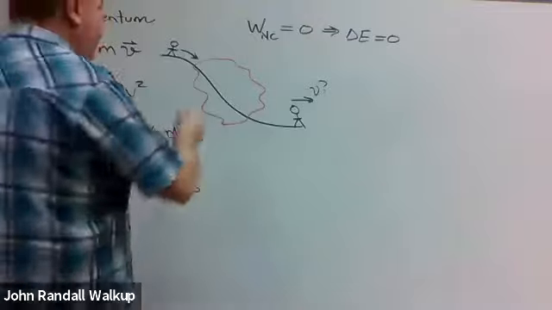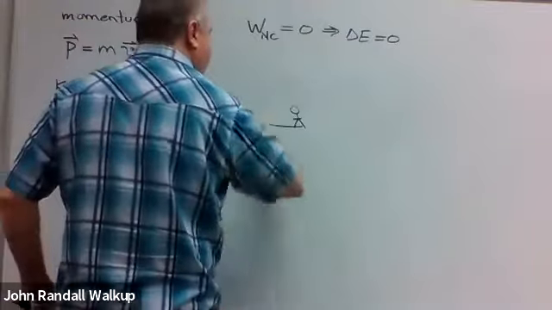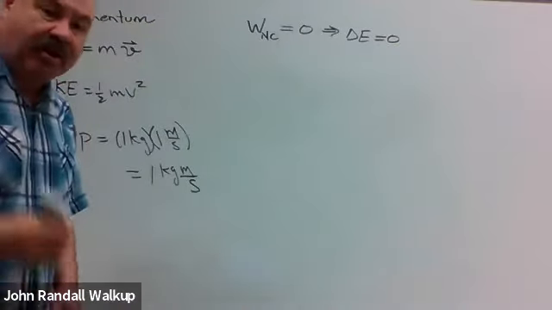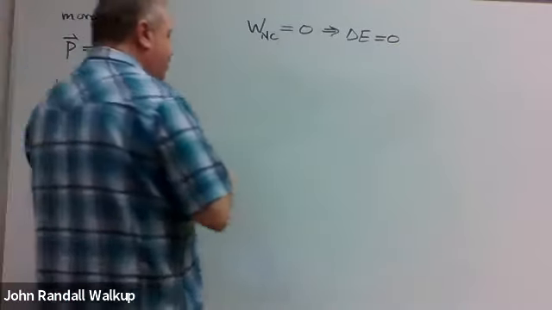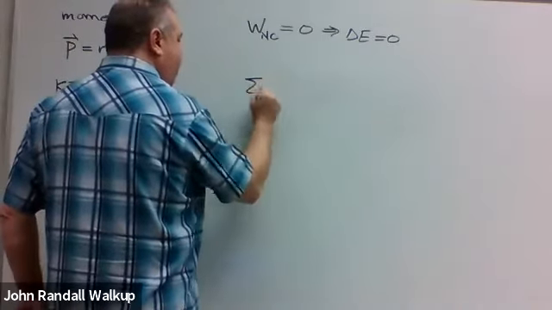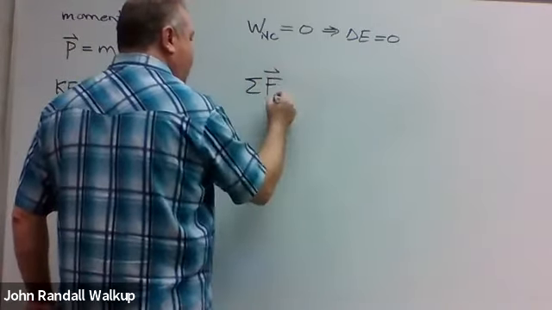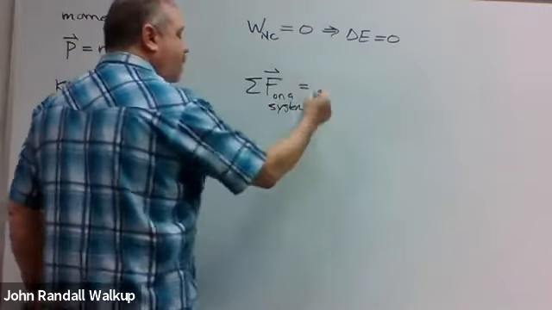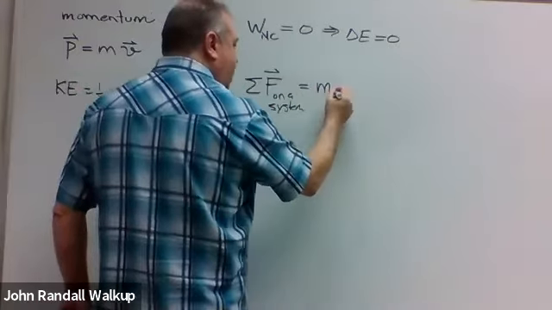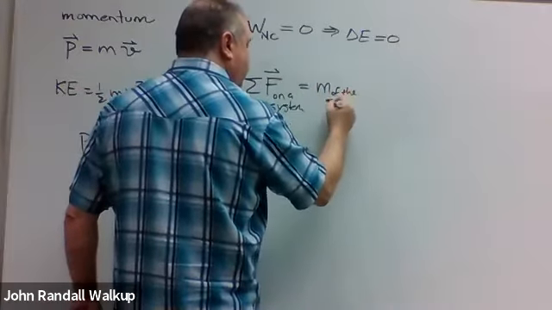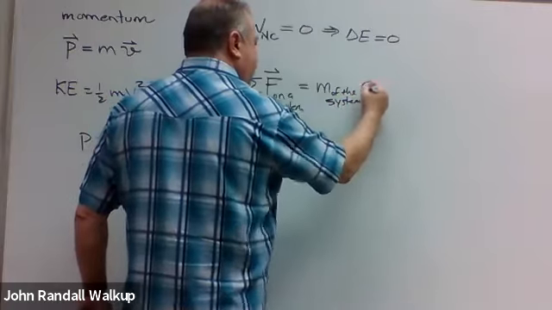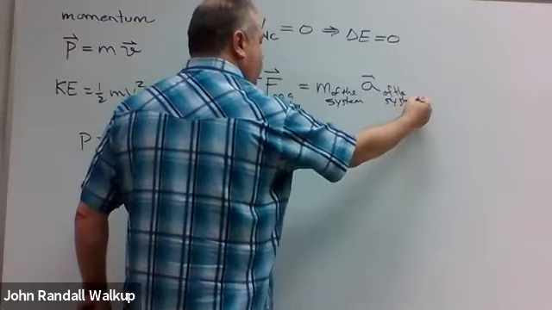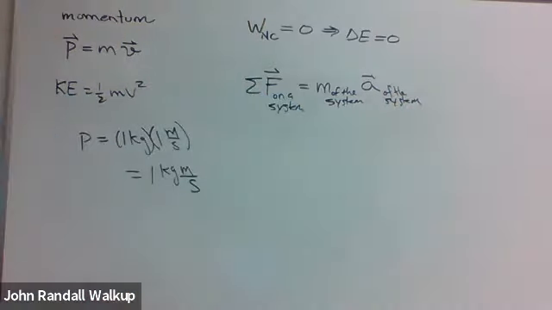Let's go ahead and erase this. And to find out what the conditions are for momentum conservation, we go to Newton's second law. Newton's second law says that if we vector sum all the forces acting on a body, we get the mass of the system times the acceleration of the system, okay?